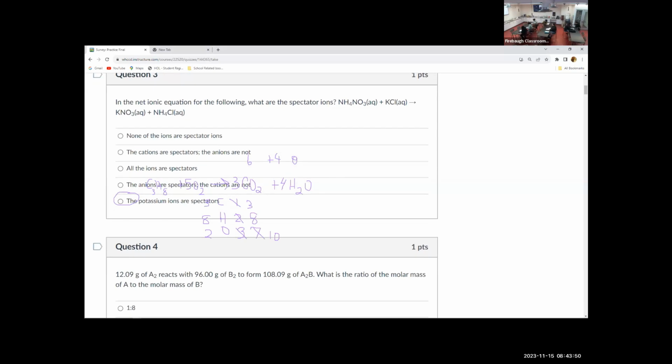Okay, so our next question. In the net ionic equation for the following, what are the spectator ions?